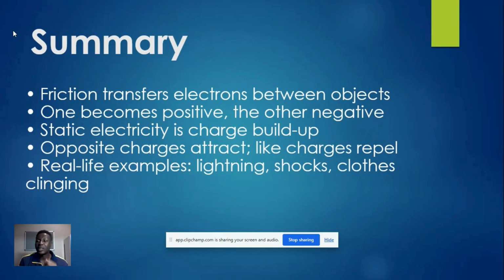Okay, then static electricity, we said, is the build up of an electric charge on the surface of an object. Then we said opposite charges attract each other, while like charges repel each other. Then for the real life examples of static electricity, we used lightning, shocks, and clinging.